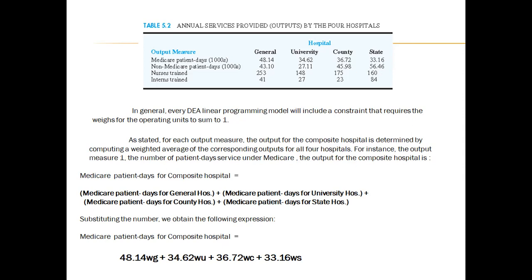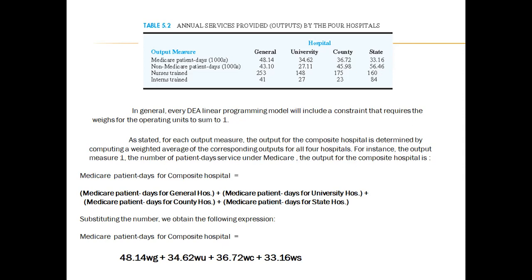County hospital has 36.72, 45.98, 175, and 23, respectively. And for the state hospital, Medicare 33.16, non-Medicare 56.46, nurses trained 160, and interns trained 84.